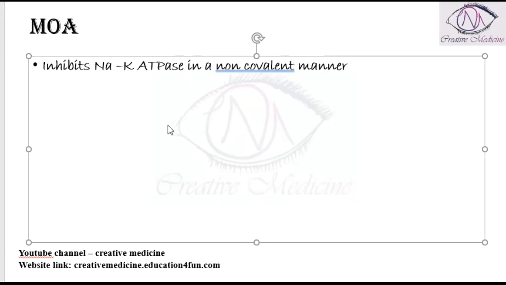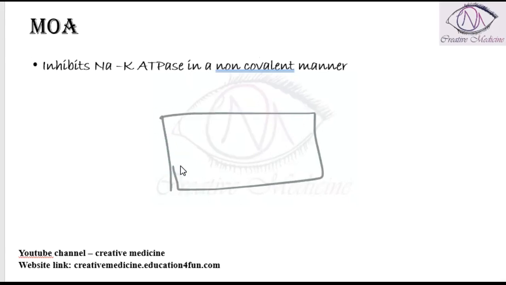So the cardiac glycosides like digoxin will actually block the sodium potassium ATPase, which is present on the cell membrane of the cardiac cell.